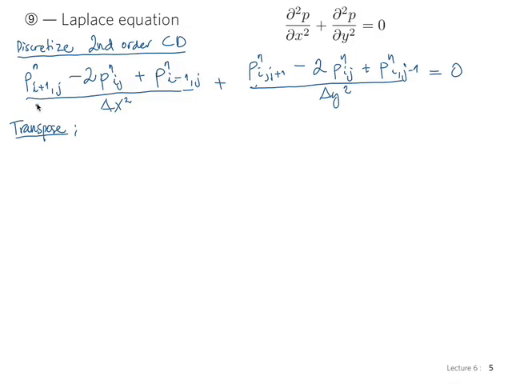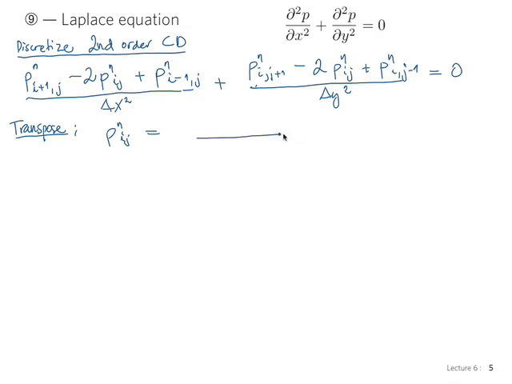We're going to isolate the center point, P n i j, and it's going to be, so I'm going to multiply this by delta y squared and multiply this by delta x squared, and then these terms, I isolate them on the other side, and then I'm going to divide over by 2 delta x squared, delta y squared.